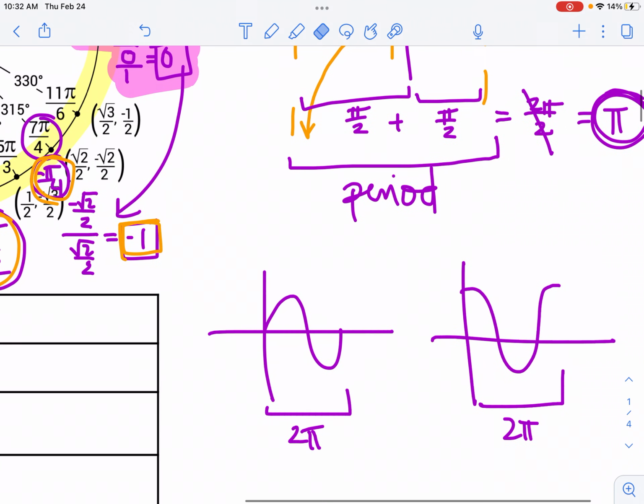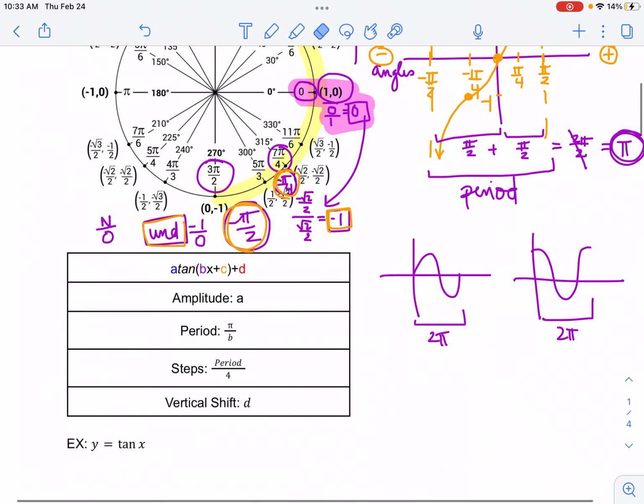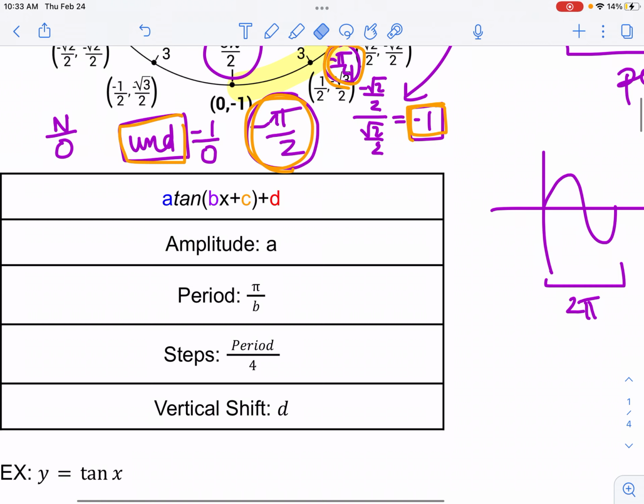What that means is, if you look at our chart here, you find the period differently. This is going to be super important. Almost everything is very similar to finding all the values for sine and cosine, but this is where it's different. Instead of 2 pi over b, the period is going to be pi over b. That's a big difference here.